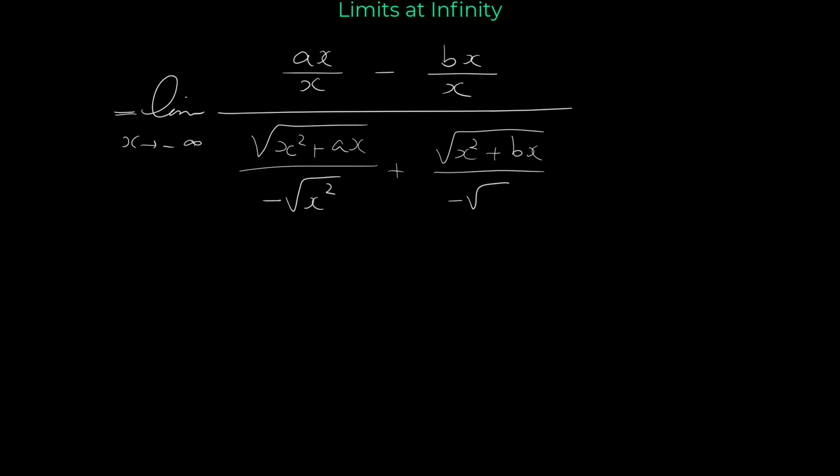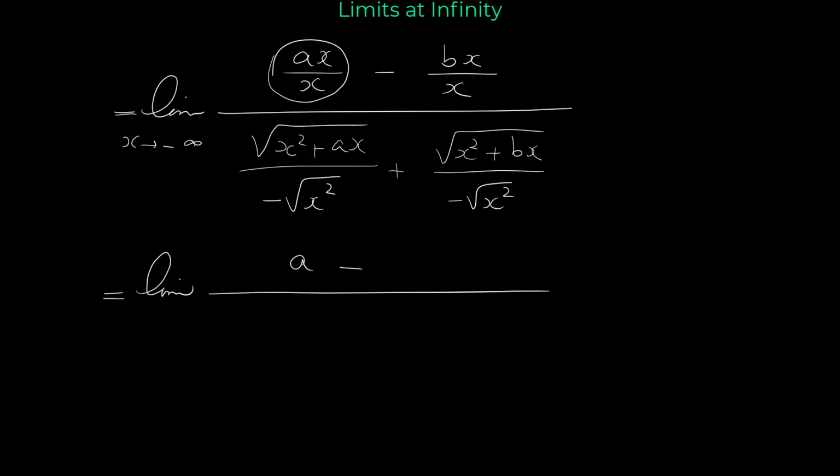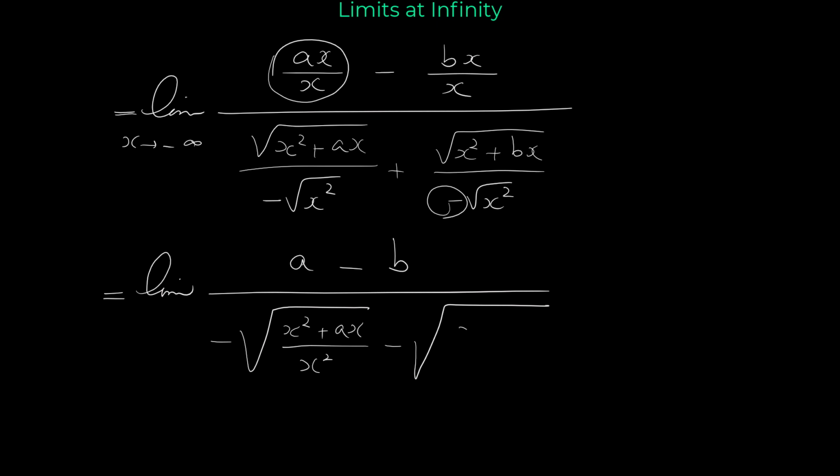And why are we doing so? Because x approaches negative infinity, so we cannot consider x as a positive variable. x is negative. Now if we merge the radicals and make them a single radical, we would have, let's simplify, this is a, the other one is b, and in the denominator we have negative radical x² + ax over x², and the other one would be negative, don't forget this negative, radical x² + bx over x².